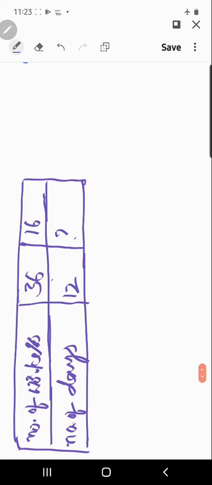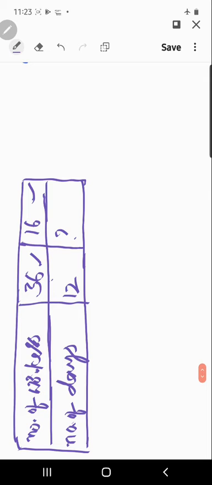Now we have to find the relation between these two quantities. Here you see the number of workers is decreasing. First 36 workers are there, in the second situation 16 workers are there, so it decreased. And what happened to the number of days? 36 workers can build the wall in 12 days. If fewer workers are there, what will happen?